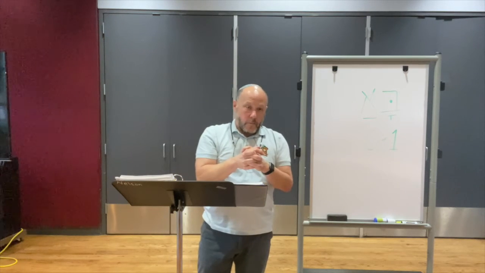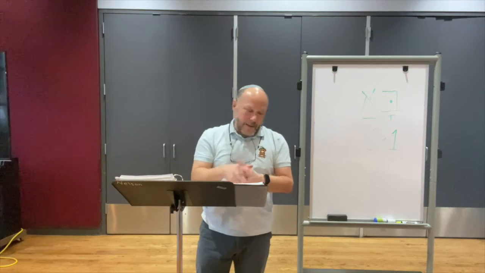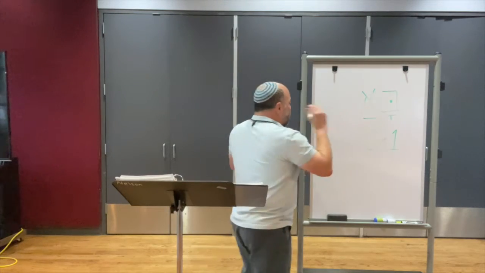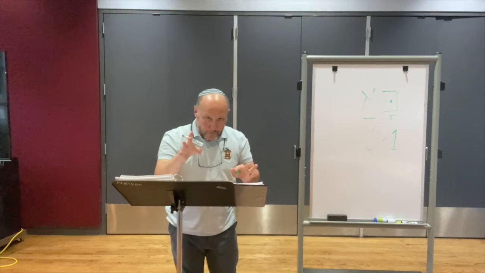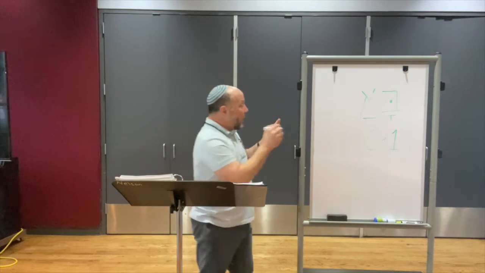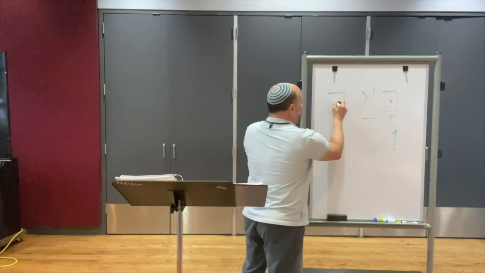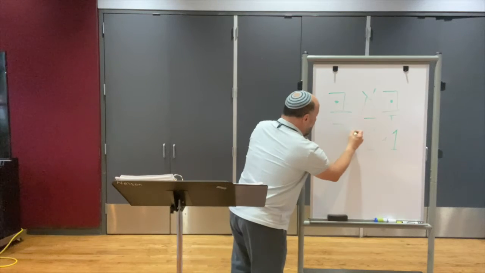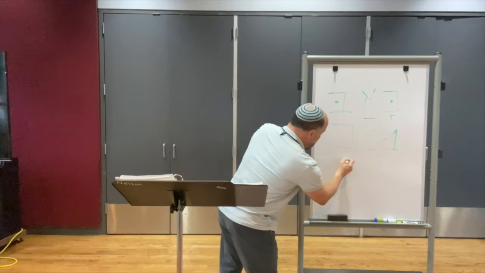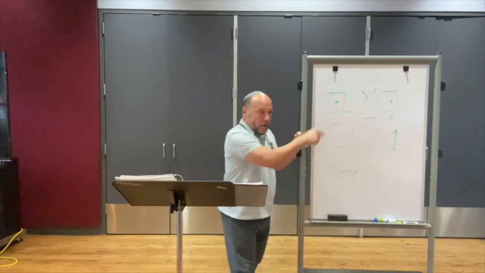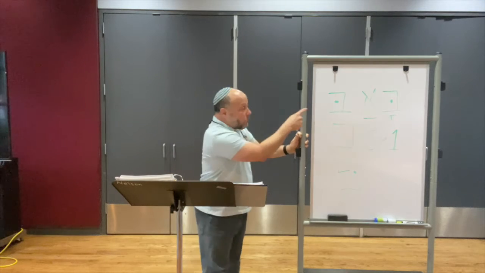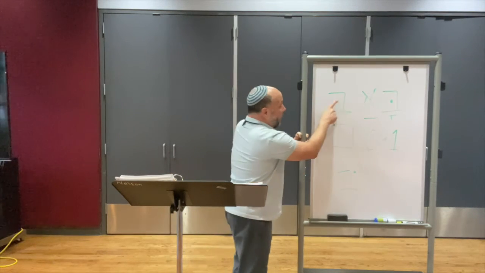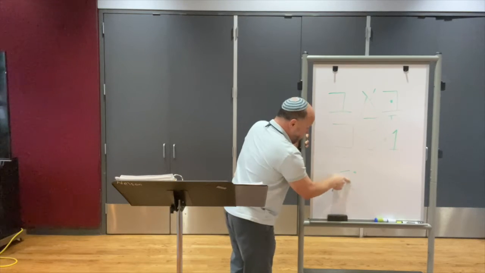Oh, yes, Joy. I have a question. Sometimes the letter has a little dot inside it. Thank you very much. So the important thing I want you to focus on is that unless you're talking about a bet, a kaf, or a pei, I know that we haven't learned all these letters yet, but those are the only three letters that change the sound if there's no dot.